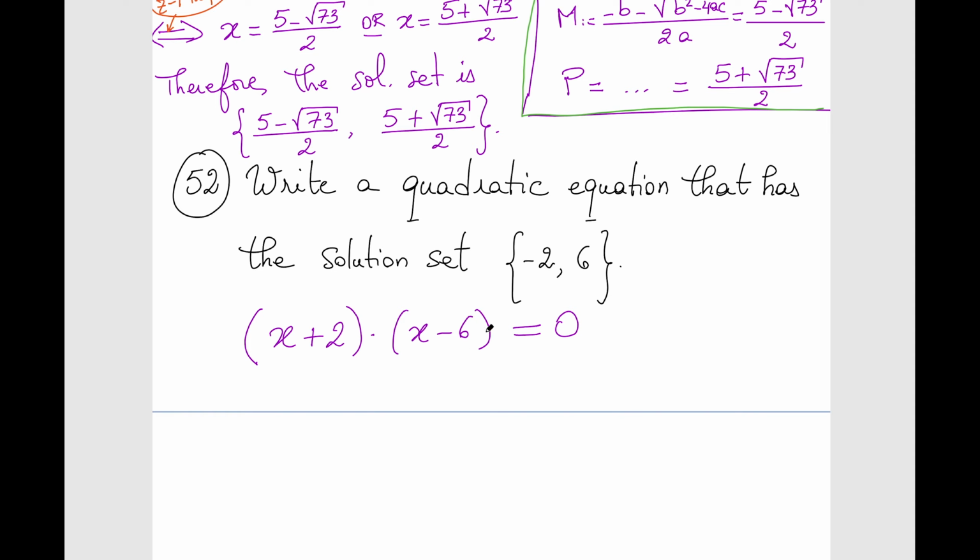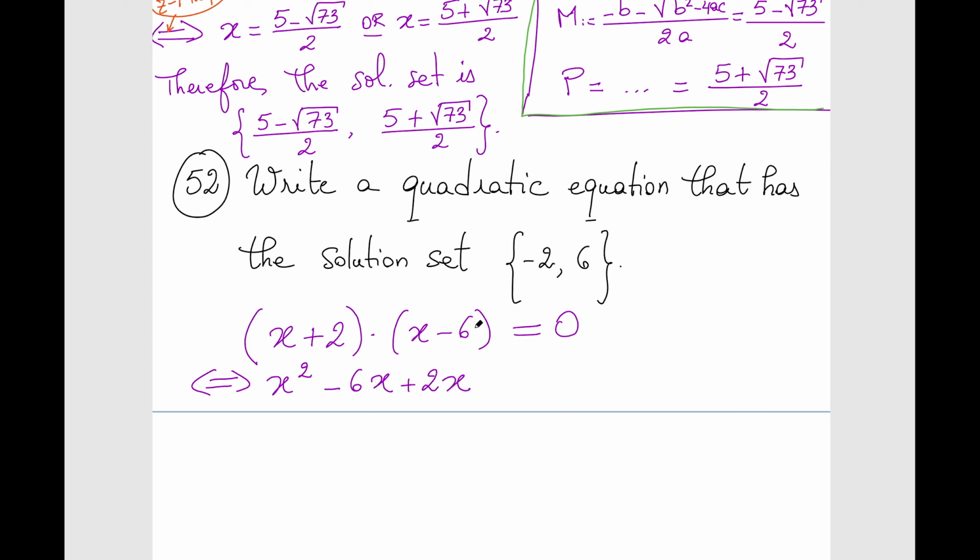So if you FOIL this out, you're going to get a second degree polynomial, and as such, we answer the question. Let's do so. x times x is x squared. x times negative 6 is negative 6x. 2 times x is 2x.